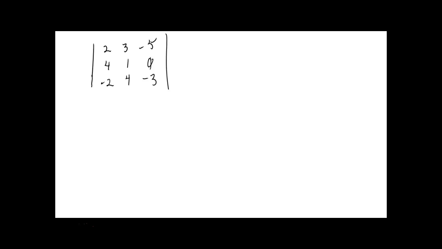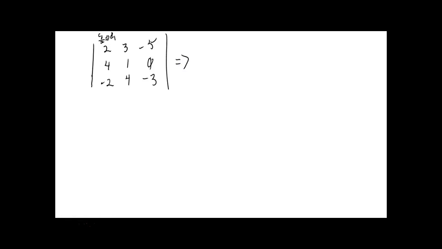But what you could do is look at the columns. What's the first obvious thing you can do to a column? Yes, divide that first column by 2. So here's your column operation. Column 1 divided by 2 is a new column 1.